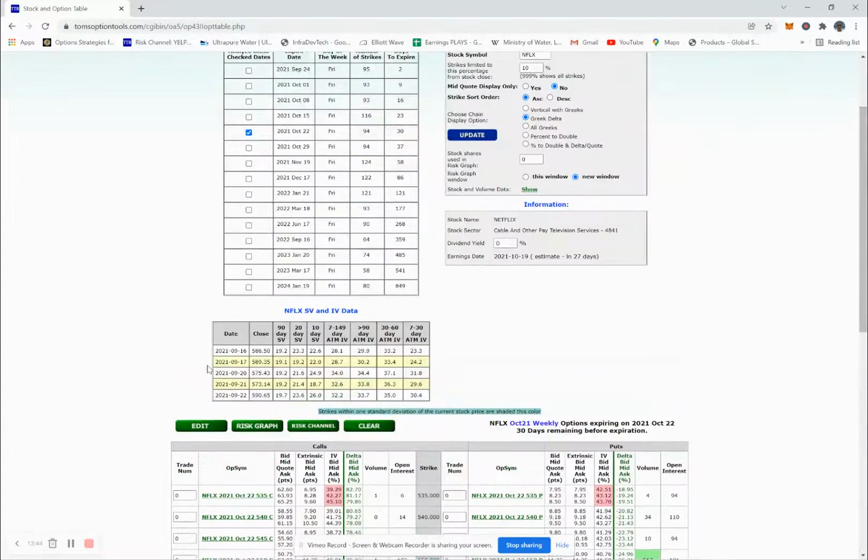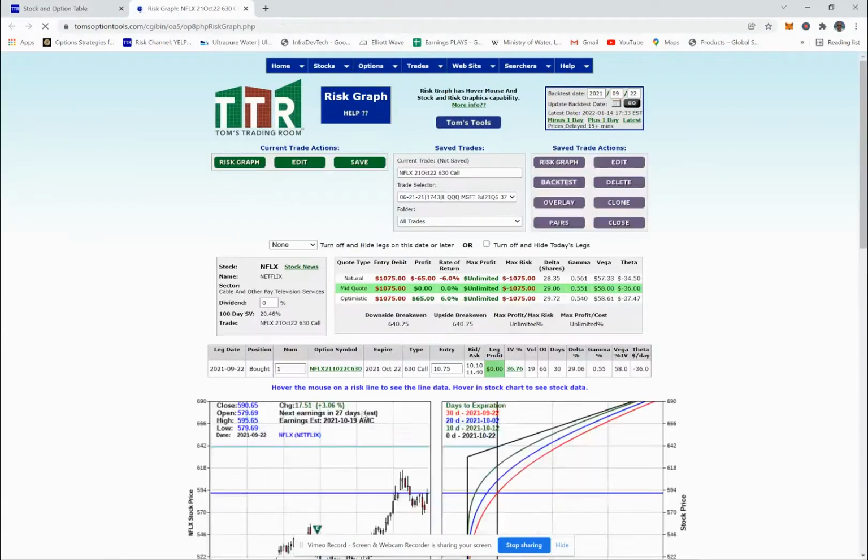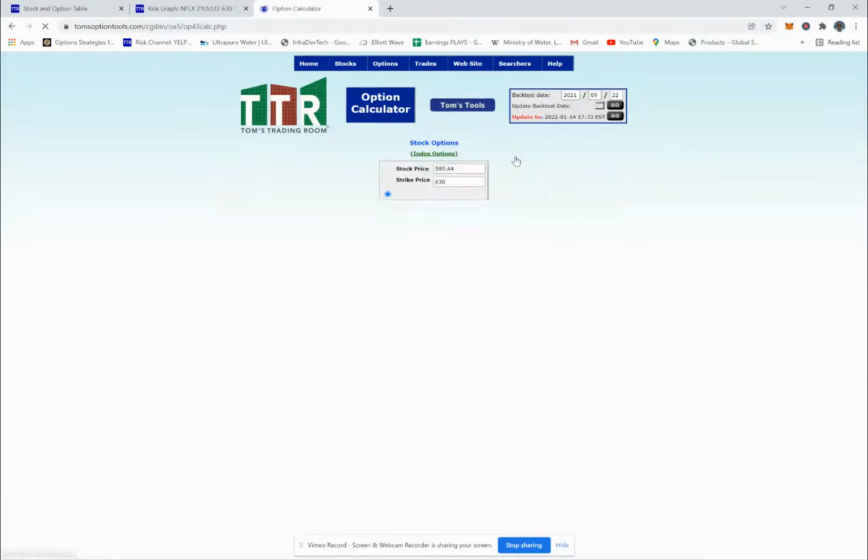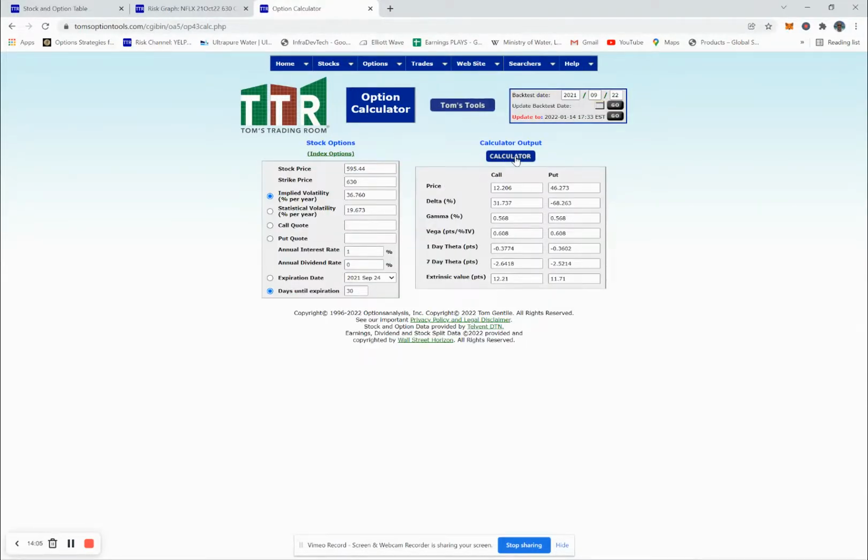Okay. So I hit risk graph. And what I'm going to do is I'm going to calculate how much that particular option is worth or will be worth if the price of Netflix hits 595.44. So at that point, you would be looking at 1220.